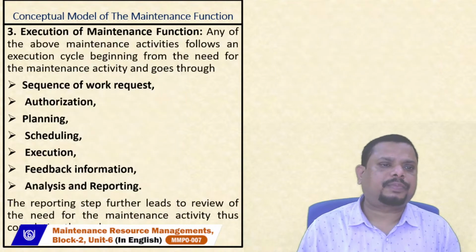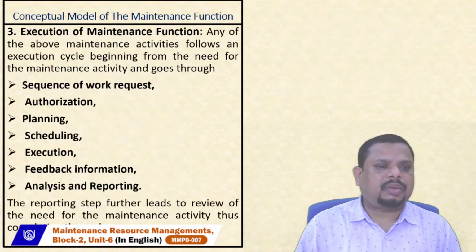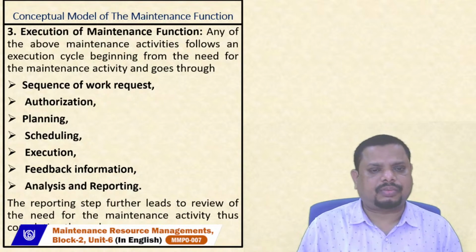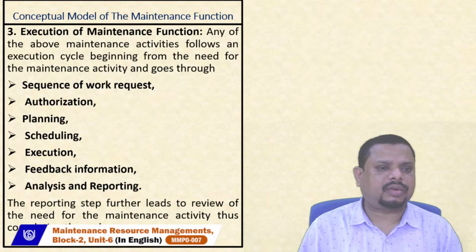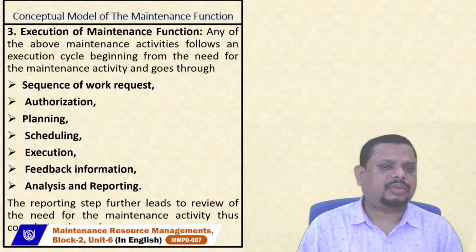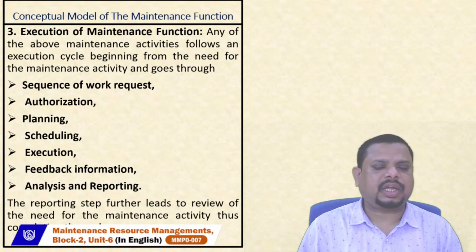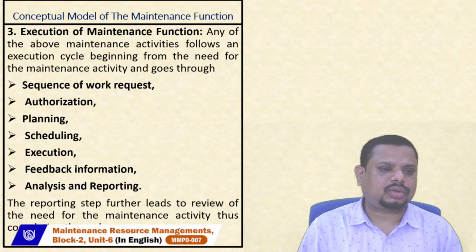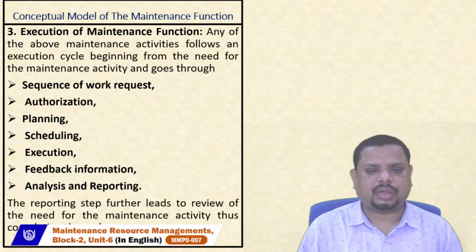Moving to the next one. The third parameter is known as execution of maintenance functions. We have already discussed the fundamental overview of the schematic of maintenance functions: how they plan, then the maintenance process, then organizing activities. Whenever they go for maintenance activities, they follow the execution cycle, which begins from the need for the maintenance activities, and it goes through, first, the sequence of work request.